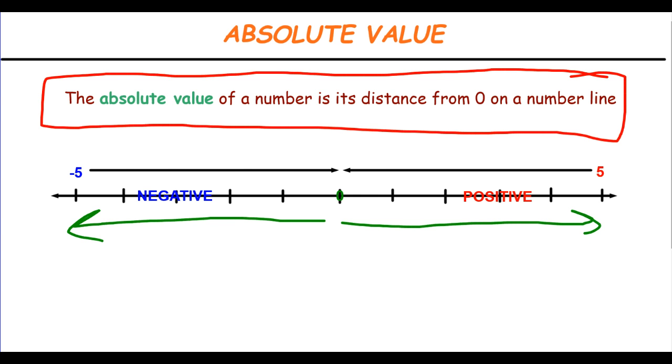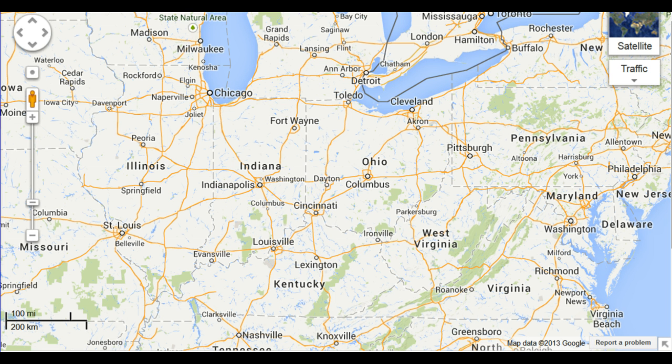Another way to look at that is to look at a map. Here we're going to look at Cincinnati, which is a city in the southwestern part of Ohio, because Cincinnati is a great place to look for things like that. Even though they're not the exact distance, we can see that Cincinnati is about the same distance from Columbus, from Indianapolis, and from Lexington.